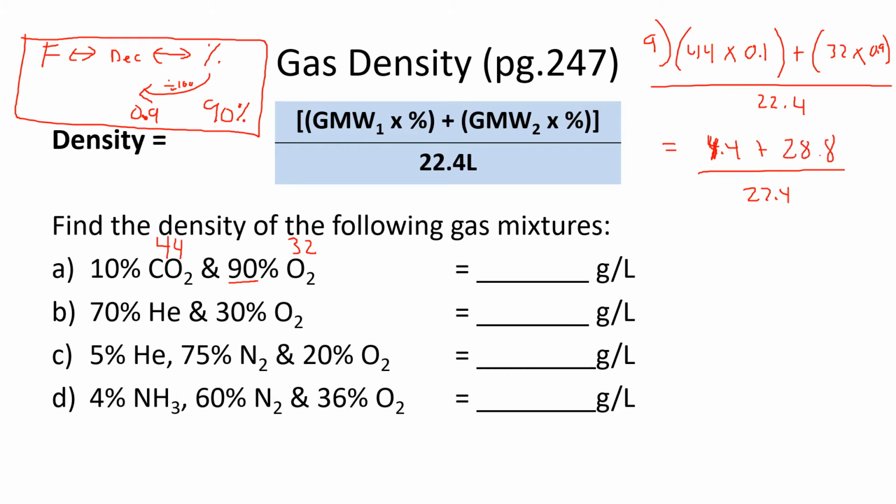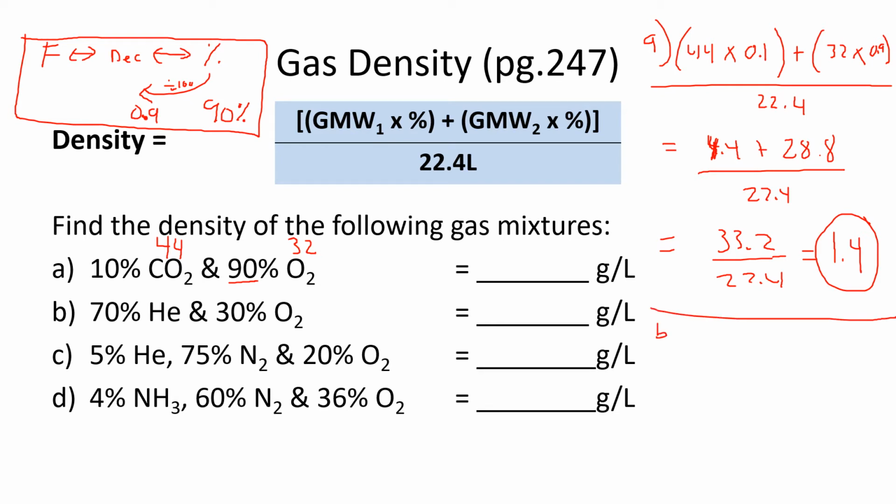So you got 33.2 over 22.4, and then you simplified it to 1.4. There you go, grams per liter. That's it. Super easy, as long as there are only a couple of mixtures.